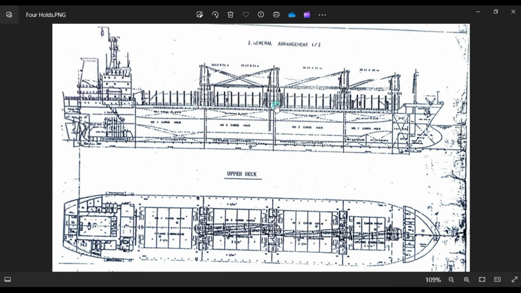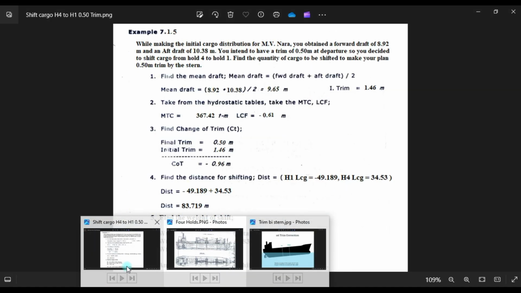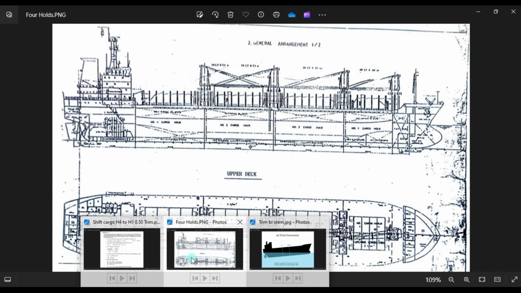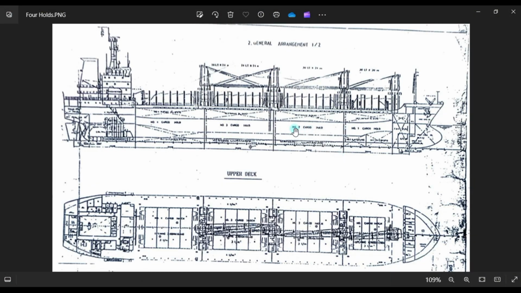So from this midship to hold number 1, the middle, that will be 149.189, negative. Why negative?